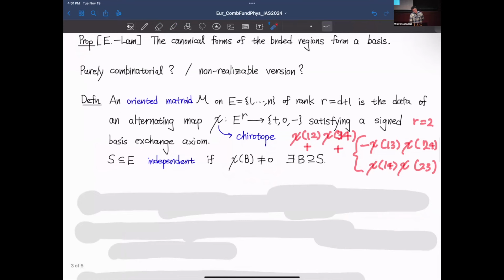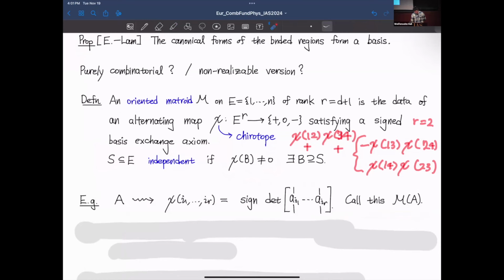So if we look at the prototypical example of oriented matroids, well, if I handed you a full rank matrix, you can look at the various signs of the maximal minors, and that defines for you these chirotope functions. And these are what one would call realizable oriented matroids.